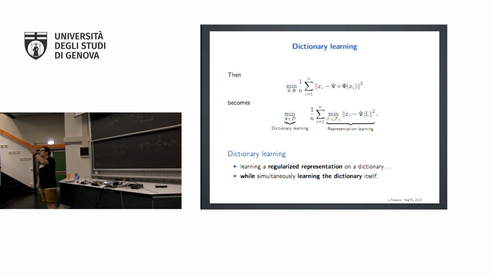So, by assuming the psi to be linear, we can view it as a dictionary, and as we optimize not only over the representation, but also over the reconstruction, you can interpret this as basically doing the usual estimation of the coefficients, but over a dictionary that now you don't know. You have to estimate. And so, if you were to alternate these two things, the step is, given the dictionary, estimate the coefficients, then given that, estimate a new dictionary, and try to find the best couple that gives you the best reconstruction.